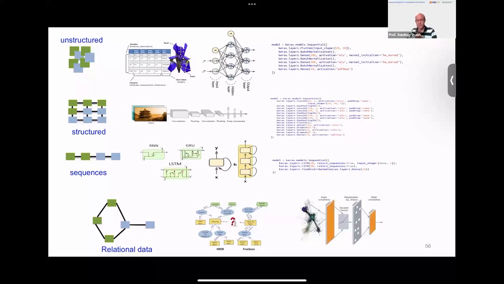Now, in the next lecture, we will slightly deviate from the usual architectures and introduce something known as an attention mechanism, and a particular usage of it in the transformer architecture.